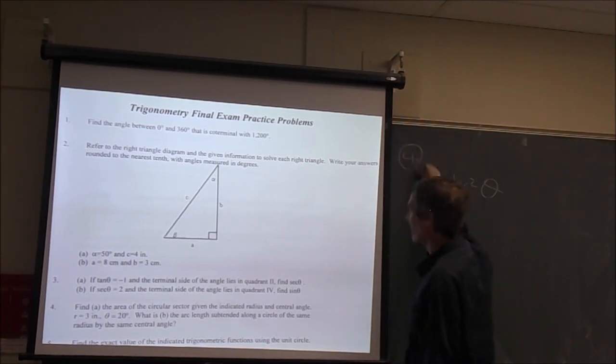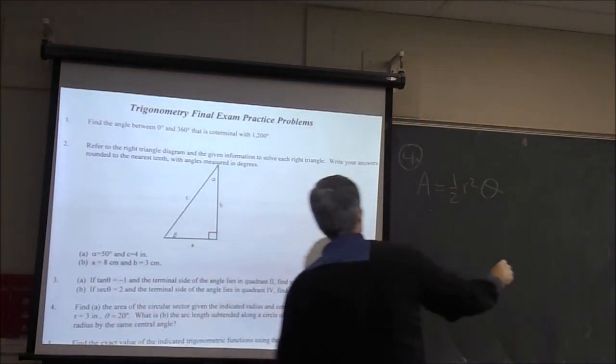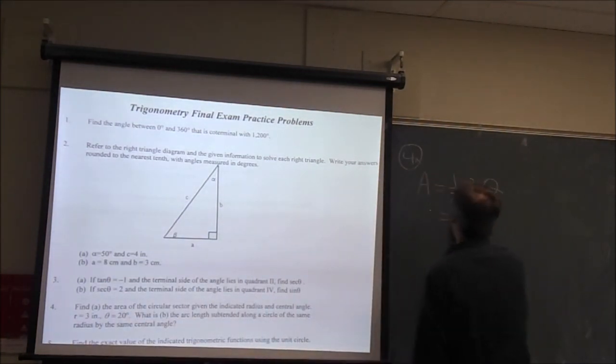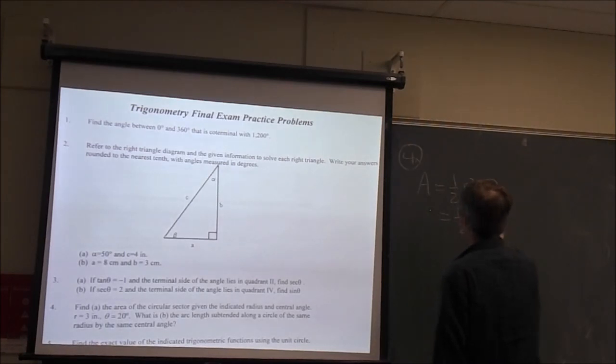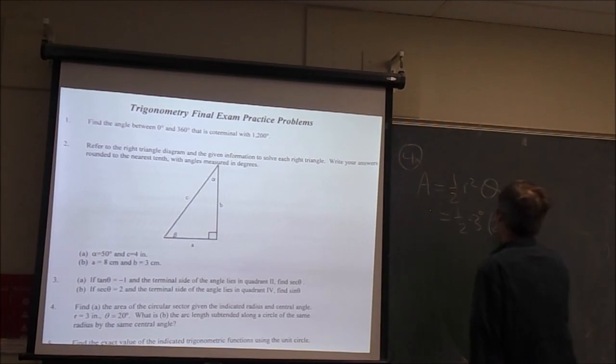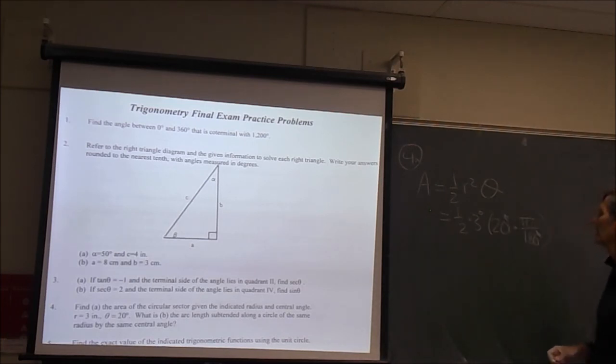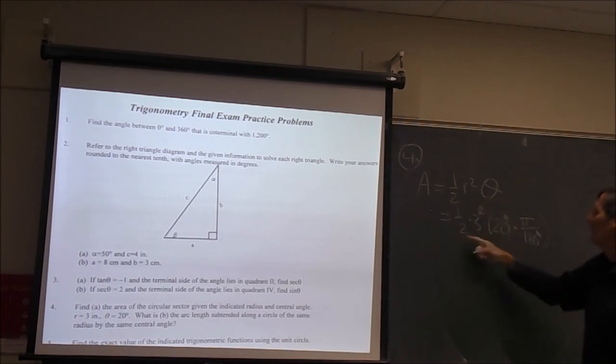A. If r equals 3 and theta equals 20 degrees, this is just 1/2 times 3 squared. And you have to do these formulas in radians. Theta is 20 degrees times pi over 180 degrees, which cancels the degrees and puts it in radians. So 1/2 times 3 squared times 20 times pi over 180 gives you the area.